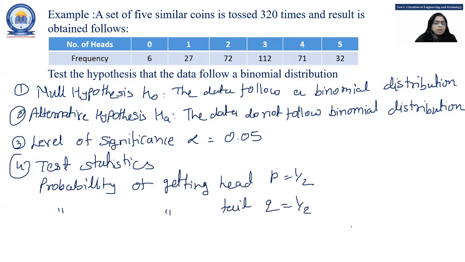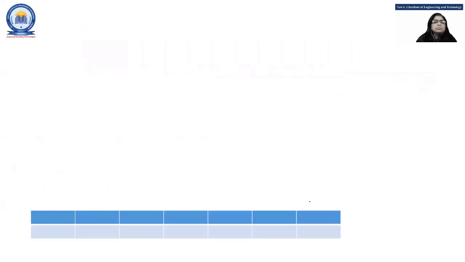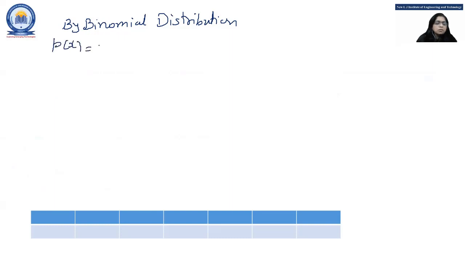So, by binomial distribution, P of x is nCx P to the power x Q to the power n minus x.